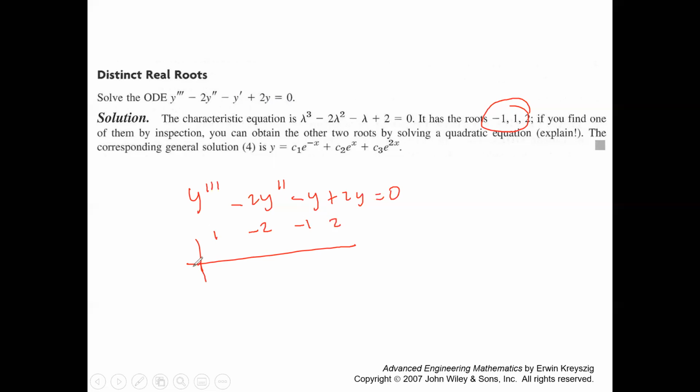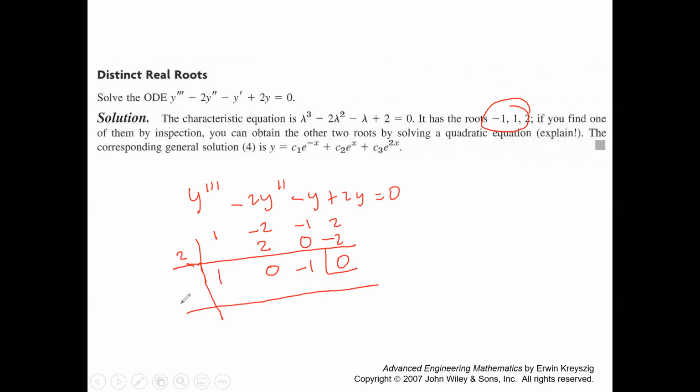Take one root, the simplest one, usually from the last number, 2. So 1 times 2 becomes 2, and then you add, becomes 0. 0 times 2 is 0. Minus 1 times 2 becomes minus 2, plus 2 becomes 0. So you have 2 as one of the roots.